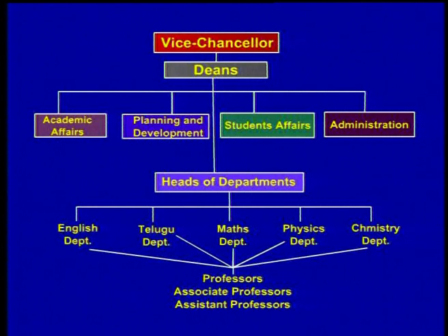The next diagram, which is a tree diagram, depicts the structures of organizations. Look at this tree diagram. Let me show you another a little while later. This will show you the structure of a university. It shows you how the different divisions are divided, how they are constituted, and who reports to whom.